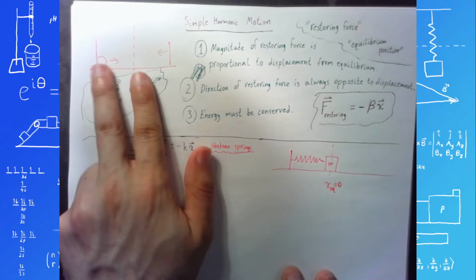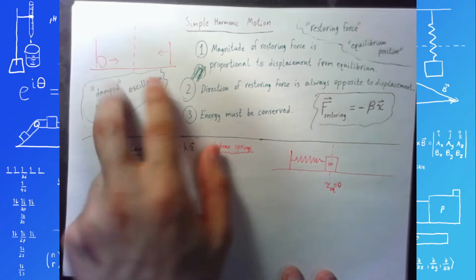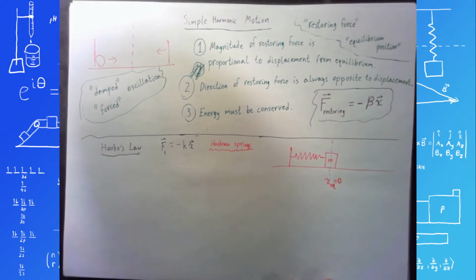So it can go for a good amount of distance without experiencing any change in the force that's acting on it. So it just doesn't fit the requirements. It doesn't meet the definition of simple harmonic motion.